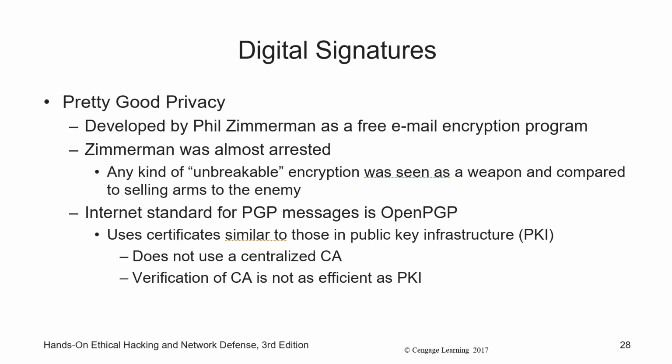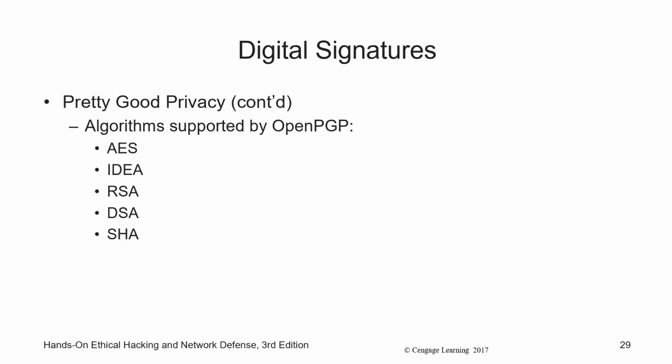It's very difficult to break. It uses certificates similar to PKI, but it's decentralized. But the verification of a certificate authority is not as efficient as PKI. PGP supports various algorithms: AES, IDEA, RSA, DSA, and SHA.